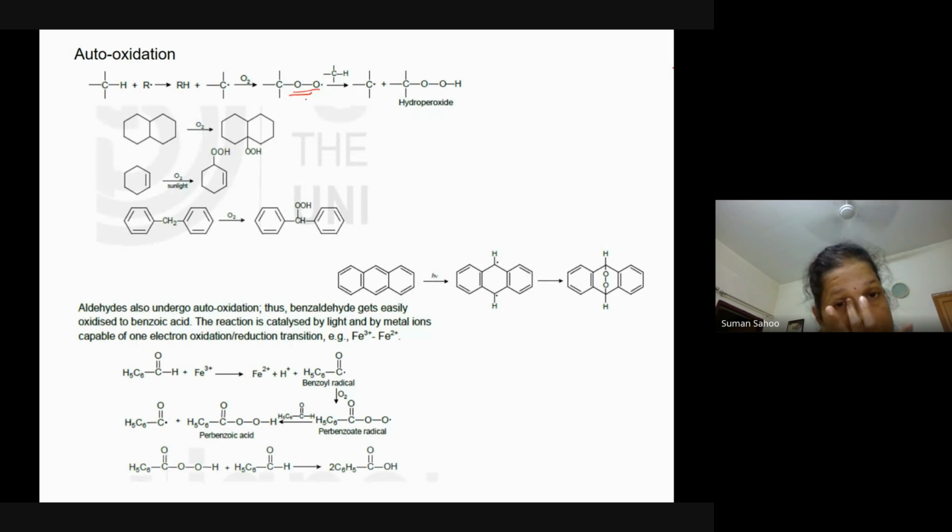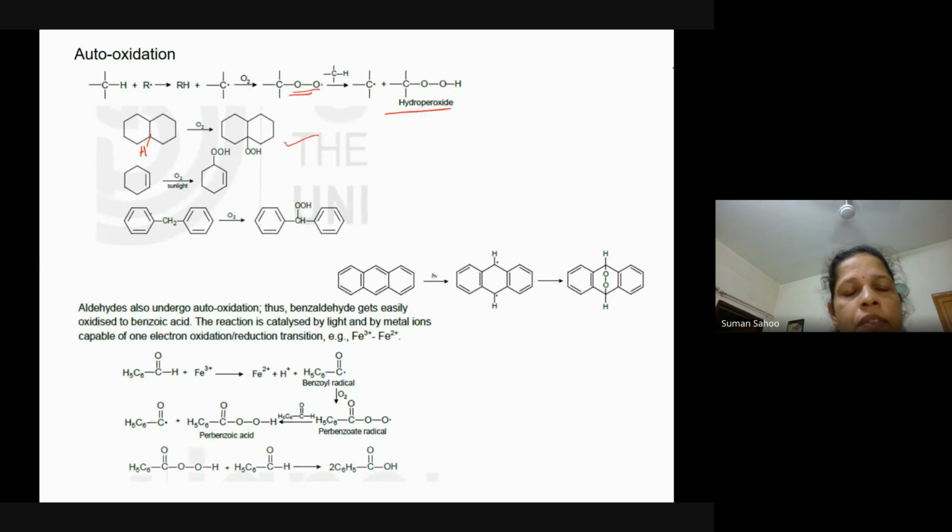Okay, and that again abstracts one hydrogen from any alkyl group to form your hydroperoxide. So you just see in this reaction, you have a hydrogen here. So first it generates a radical, then it reacts with oxygen to generate this hydroperoxide.